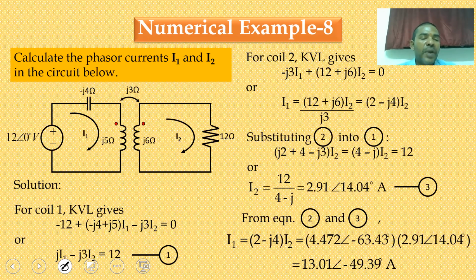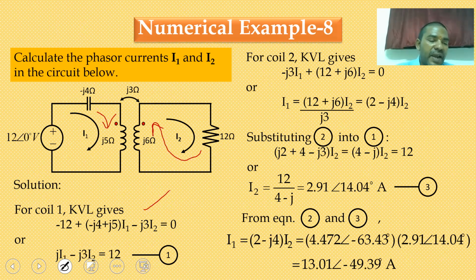So now I am applying KVL for the first loop. So minus 12 plus minus j4 plus j5 into I1. So voltage drop across the capacitor and voltage drop across the inductor. So here I1 current is entering the dot, but I2 current is leaving the dot. So this mutual inductance term is minus j3 times of I2 is equal to 0.